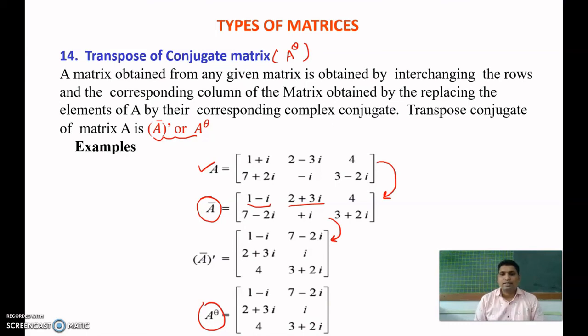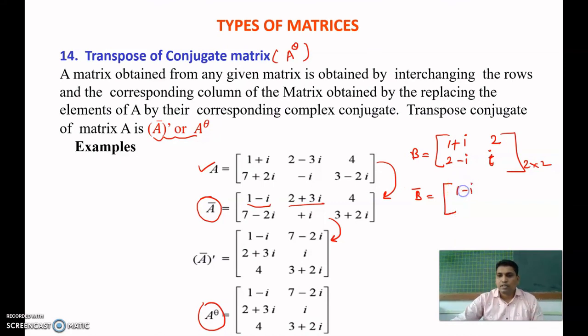Let's take another example. Suppose this is B, with entries 1 plus i, 2, 2 minus i, and this is a 2 by 2 matrix. First of all we find its conjugate. I write 1 minus i, 2 is a real number so I write it as it is, 2 plus i, and here I write minus i.